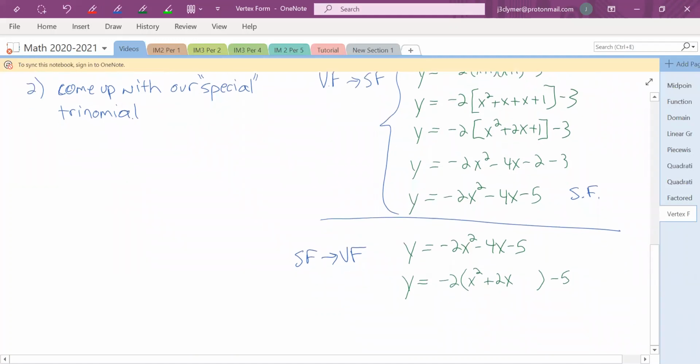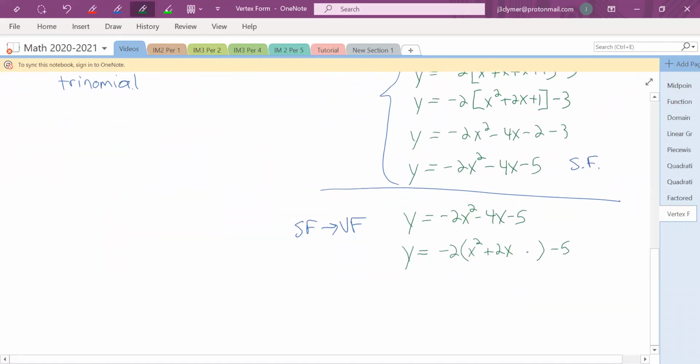And now the key to doing this is that we have to figure out what this value right here, this little plus c, that third term. That third term, c, is always going to be half of the middle term squared. So there's a rule to it, and that is c is always going to equal b over 2 squared.